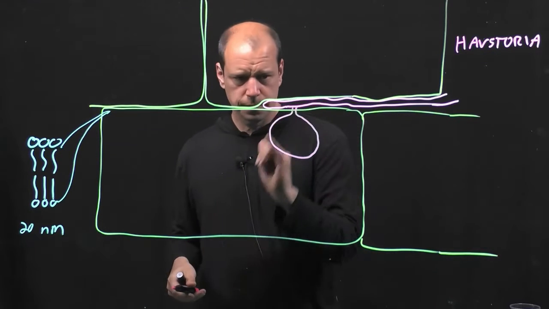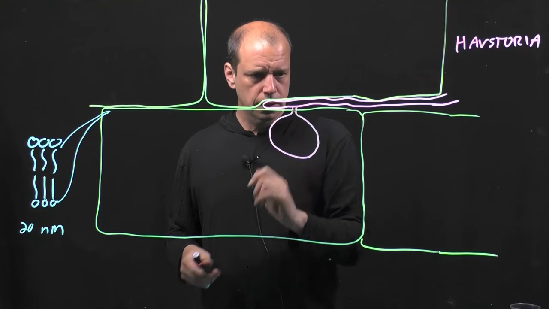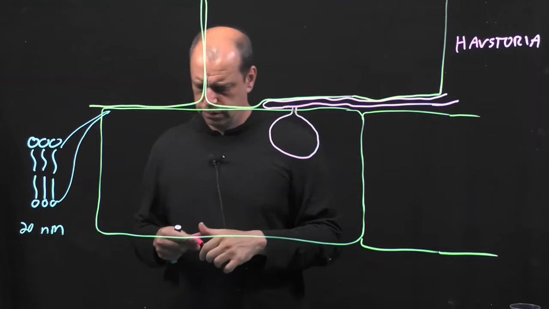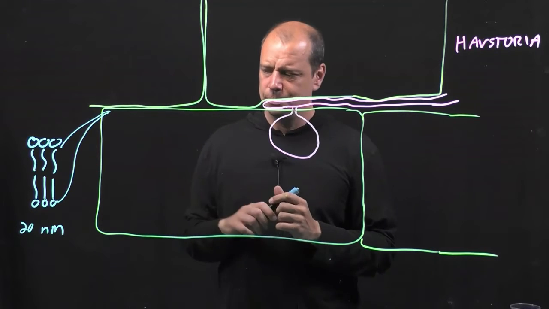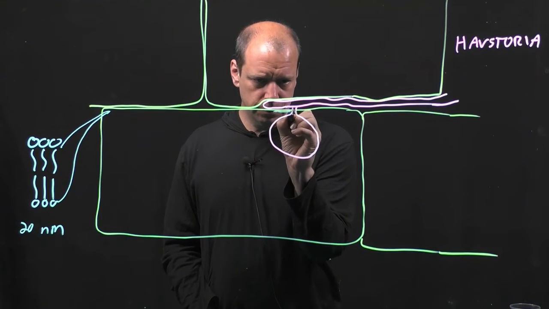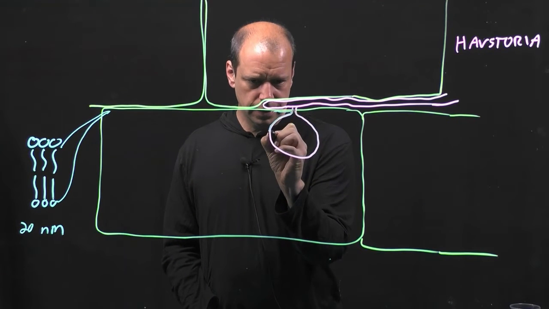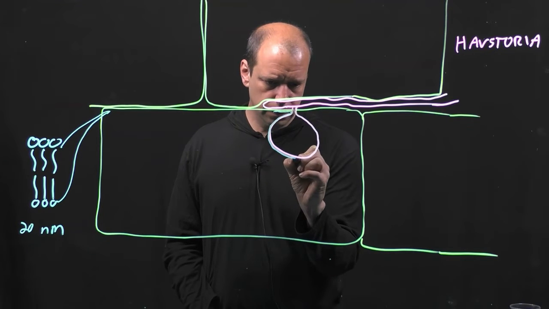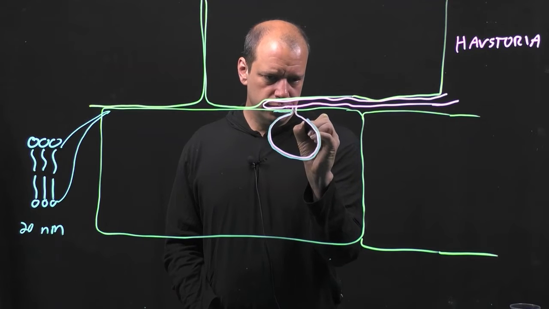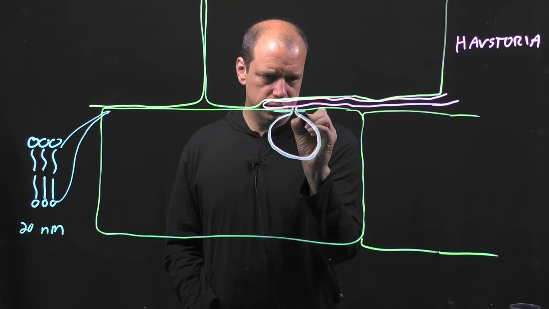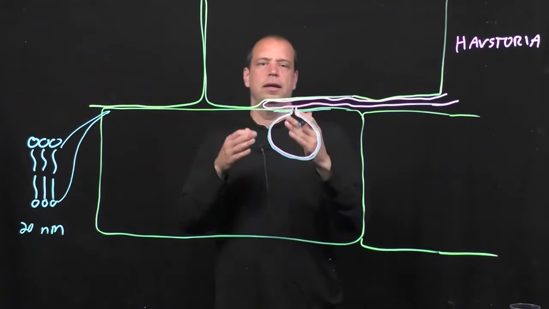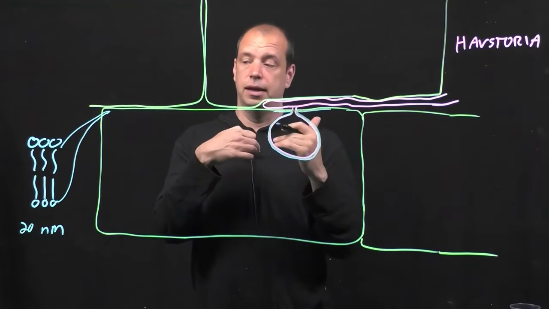And this haustoria penetrates the cell wall through some different mechanisms, but does not penetrate the membrane. So you have this microscopically thin membrane which is inside the cell wall and then invaginates around the haustoria. So you have this fairly large surface area of a very intimate connection between the fungal haustoria and the plant membrane.